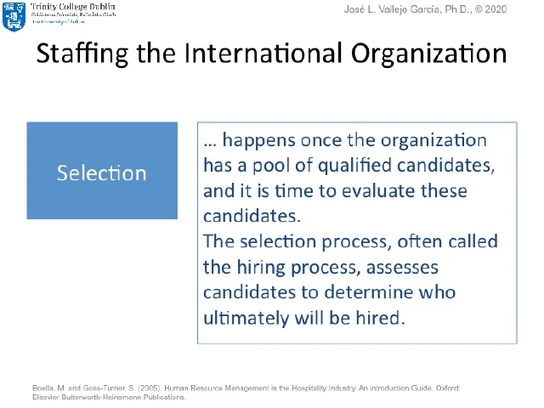Then comes the selection. Selection happens once the organization has a pool of qualified candidates and it is time to evaluate those candidates. Maybe you've heard about the assessment centers. Those are places in which people are tested in their intellectual capabilities, sometimes physical capabilities, and they're analyzed in a way so that the person who is monitoring this can decide whether they are able to do the job or not.